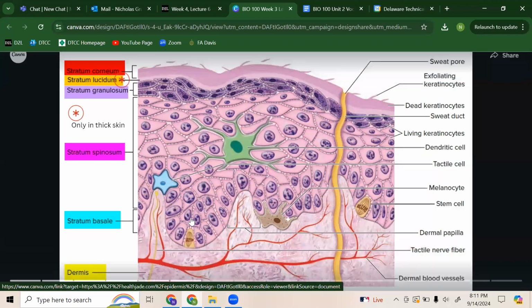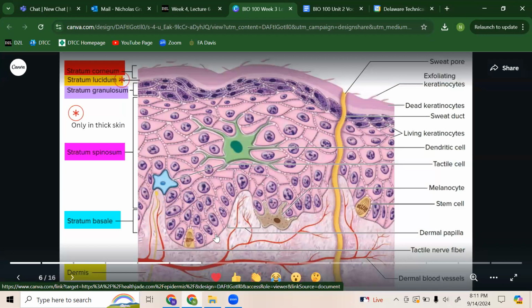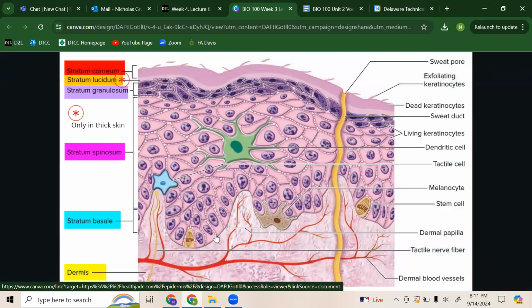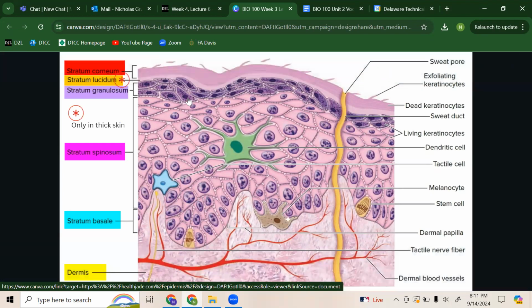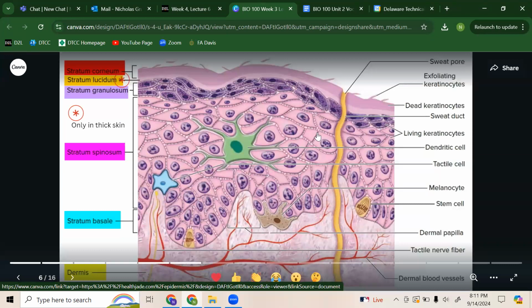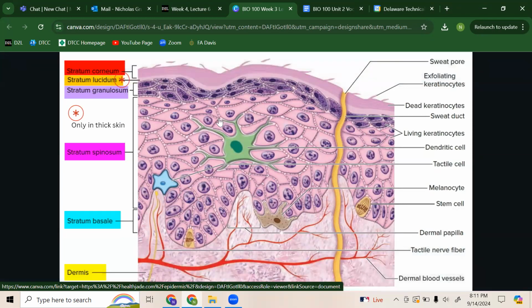This is the layer that actually goes through cell division to create new skin cells. And as new skin cells are made in this bottom layer, older cells are pushed up towards the top. And as I said, they go through a process called keratinization. So as we get up towards the top of the stratum spinosum, our skin cells are now keratinocytes.